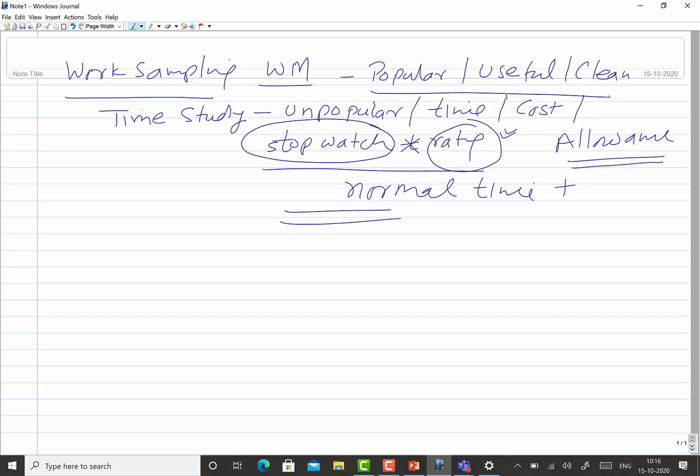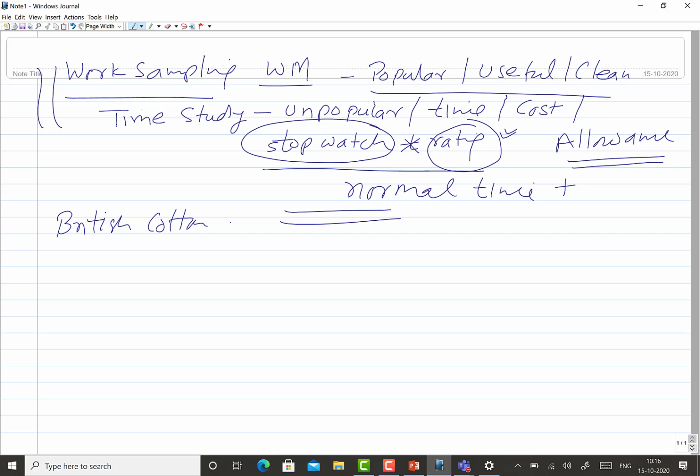This was the comparison of work sampling with the other shop floor based work measurement technique.